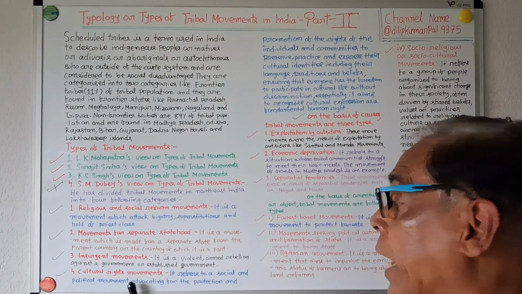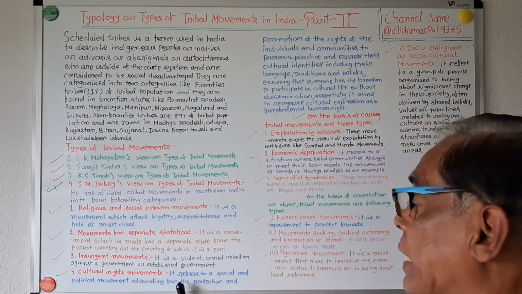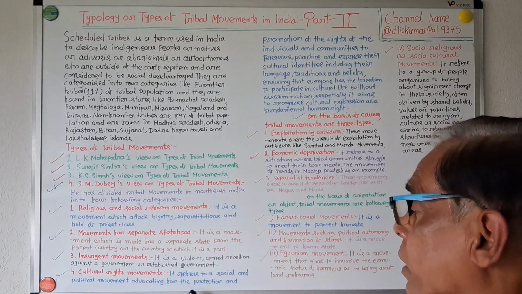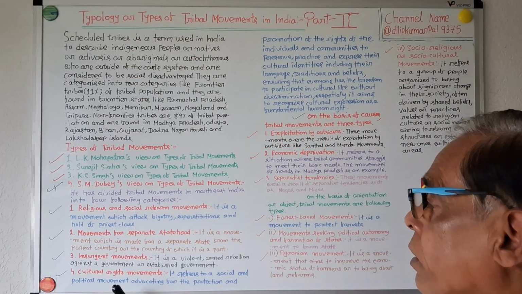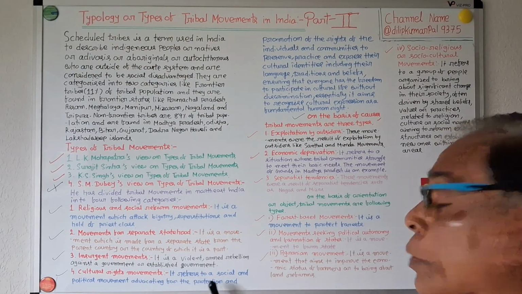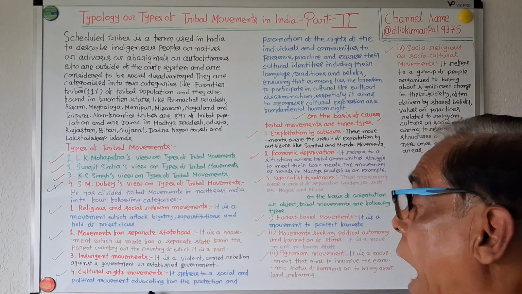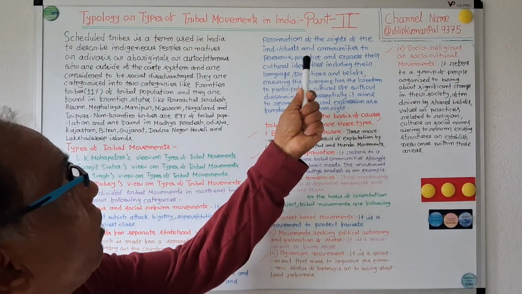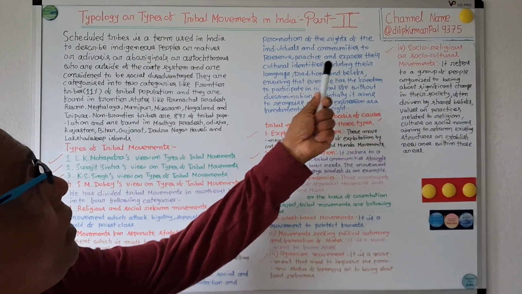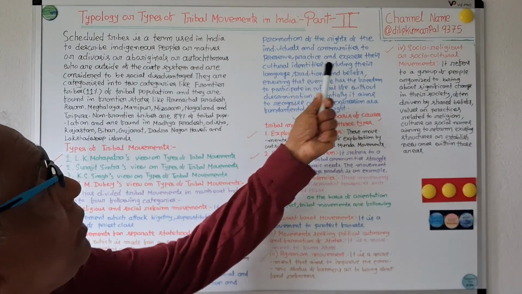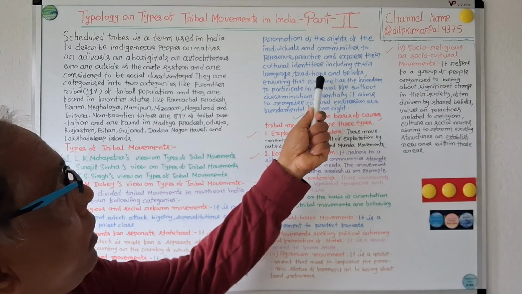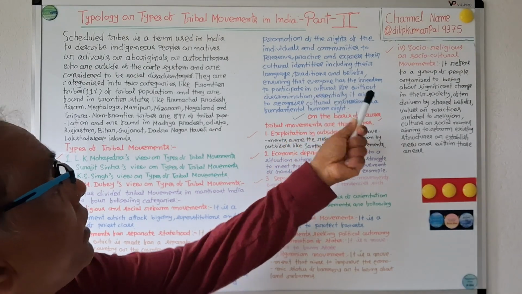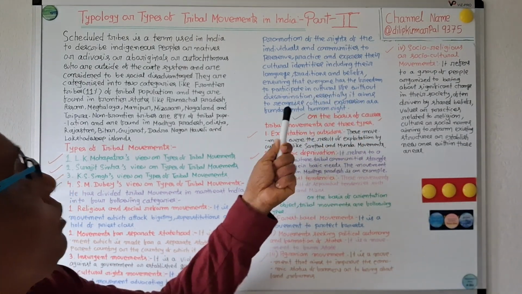And number four, cultural rights movement. What is a cultural rights movement? It refers to a social and political movement advocating for the protection and promotion of the rights of individuals and communities to preserve, practice, express their cultural identities, including their language, traditions, beliefs, ensuring that everyone has the freedom to participate in cultural life without discrimination.